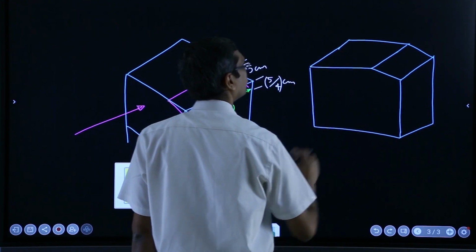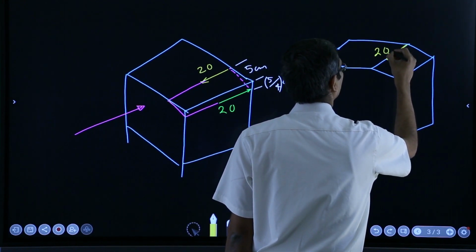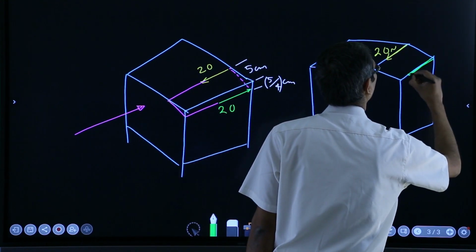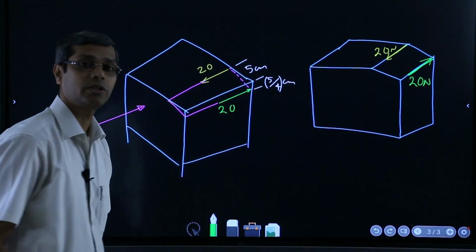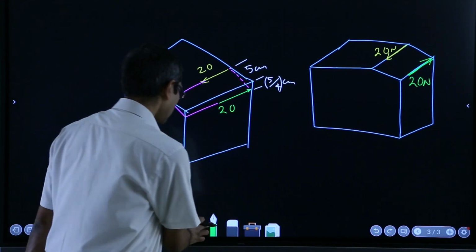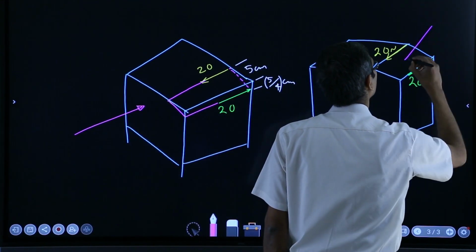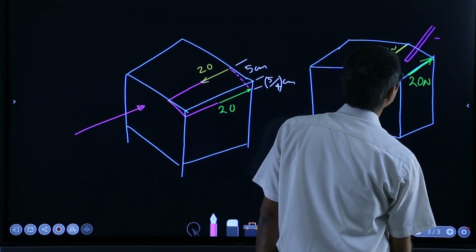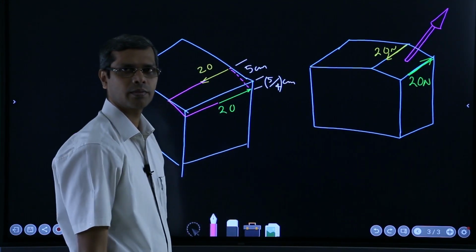Now the yellow force is here of 20 units and the green force is here with 20 Newton, and that is the plane on which this resultant added couple moment acts. So then you can think of the actual direction of the couple moment to be in this direction, right.